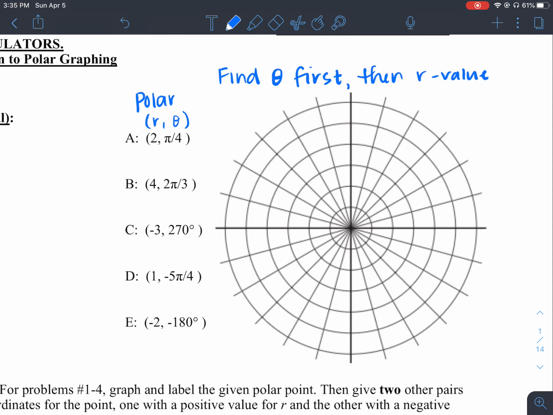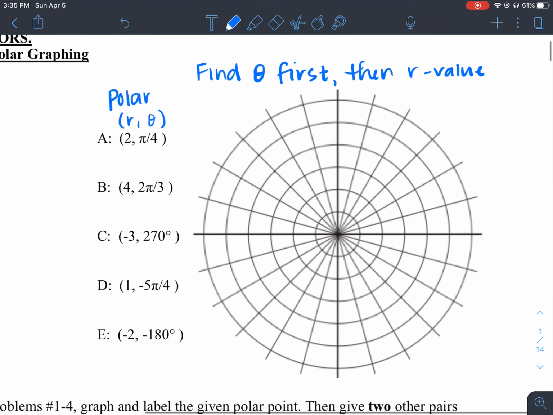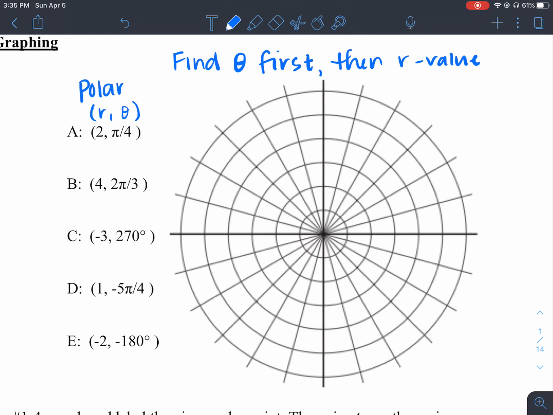So in point A, my theta is pi over 4 or 45 degrees. So that's going to be this entire line here, and it's actually going to go backwards as well. This whole line here is an angle of pi over 4. Now, typically we would think of just this piece here being that pi over 4, and it is. But that's going to represent my positive radius values.